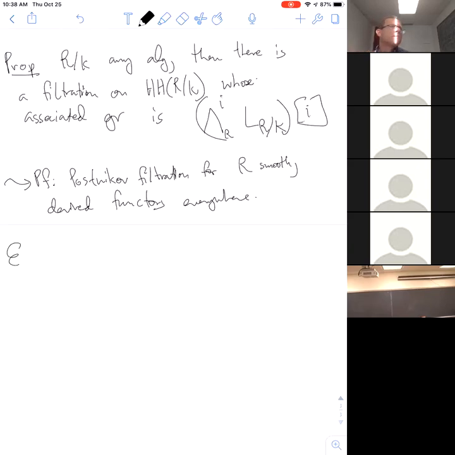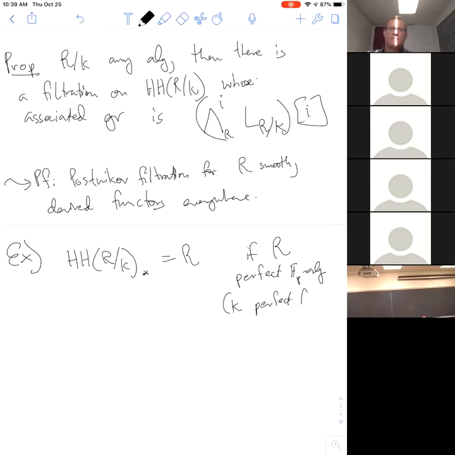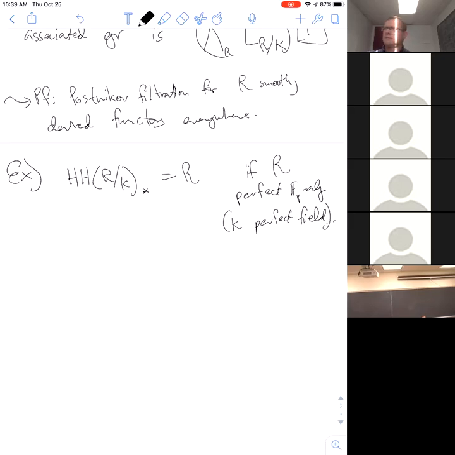So an example from last time is that the Hochschild homology of R over k is just R itself if R is a perfect F_p-algebra, and I guess the base k is also a perfect field. So this is already an example where we can say something for a big ring. Let me explain one of the things that this machinery buys you, and this is one of the starting points for the BMS paper, the following surprising theorem.